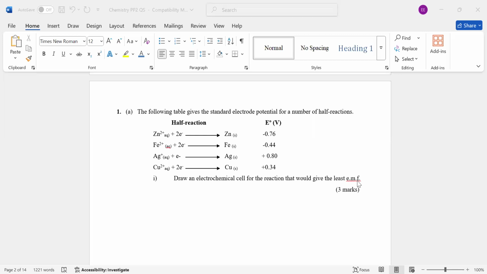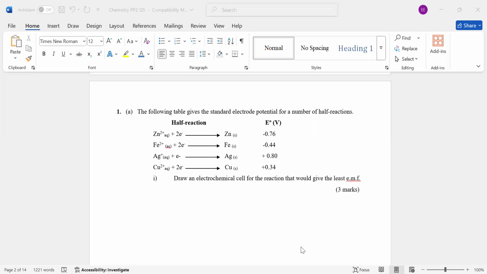Look from zinc to copper, the four of them. Which two have E values that are almost close? That is what will give you the least EMF. That is how you will identify. Just identify two values that are almost close.